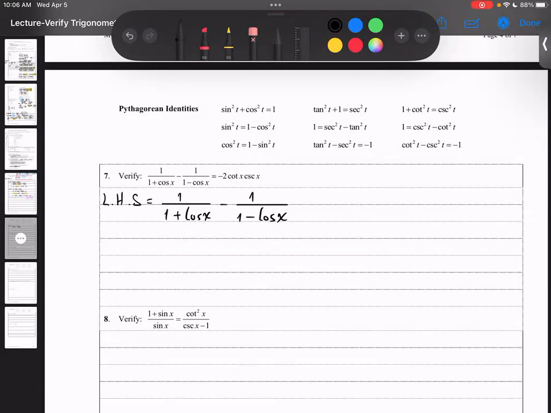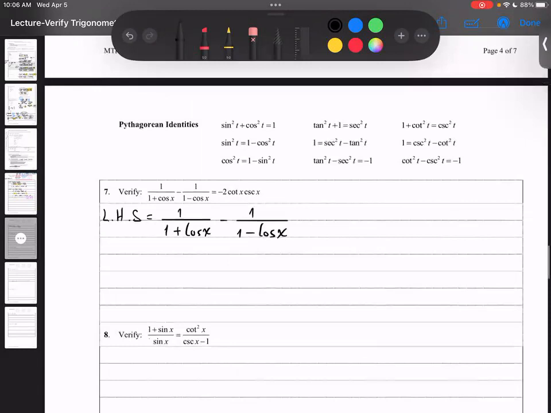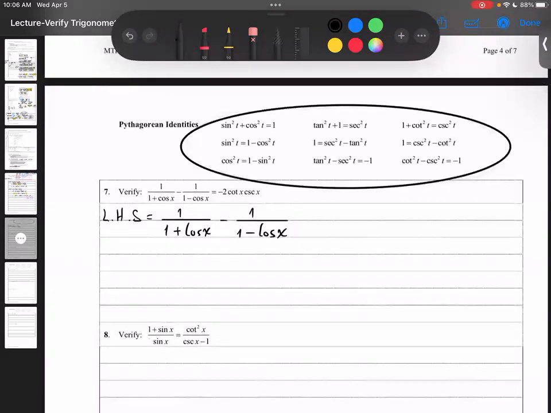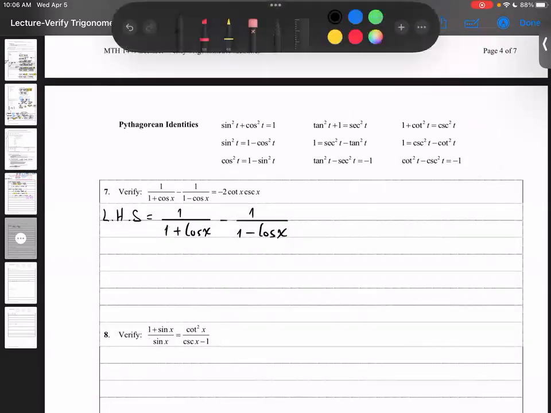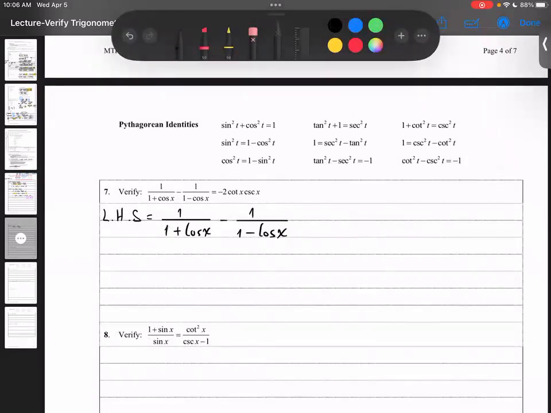Well, there's no formula for 1 plus cosine x, 1 minus cosine x. Remember, I know that you're eager to use a formula, but all the formulas up here, they all have squares, right? We don't have any square here. So we cannot use it yet. See if we ever use it. So the only way I can think of is LCD.